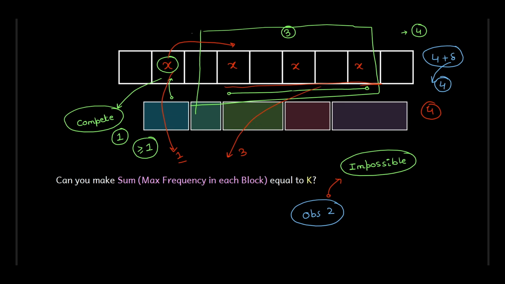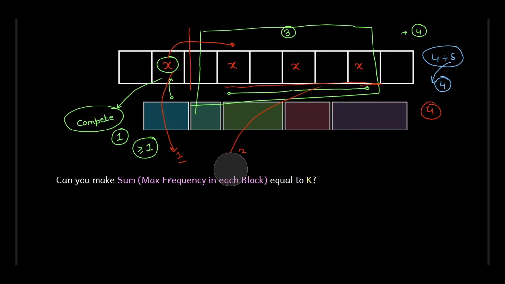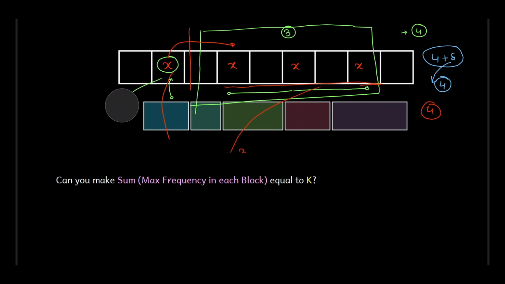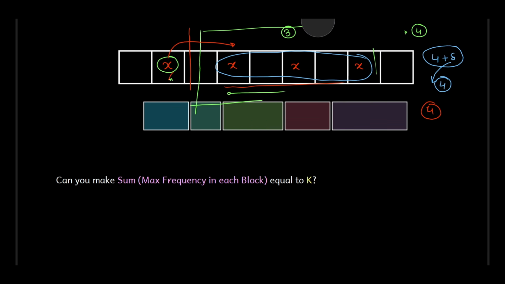This means just isolating one x is not good enough. You have to isolate as many x as possible, so that they don't add up. Because see, the maximum contribution is coming from this side; these are combining together to produce 3. So let's try to isolate them even further and then see what happens.